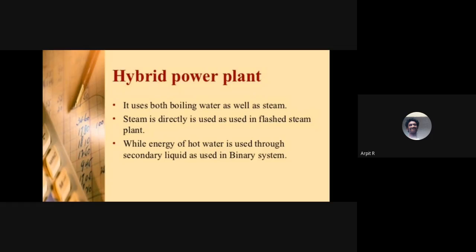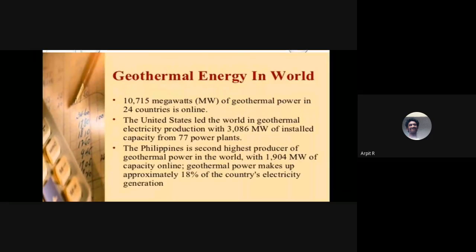Then the last one, the hybrid power plant. It uses both boiling water as well as steam. Steam is directly used as in a flashed steam plant, while the energy of hot water is used to heat a secondary liquid as in a binary system. Then, what are the four geothermal power plants?